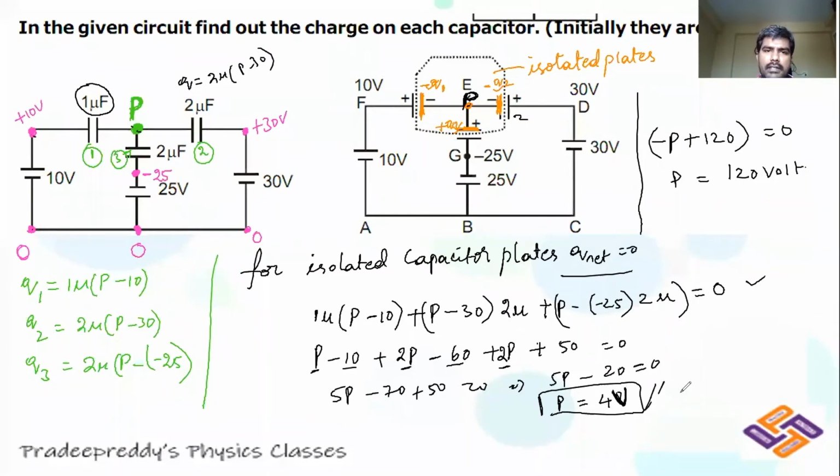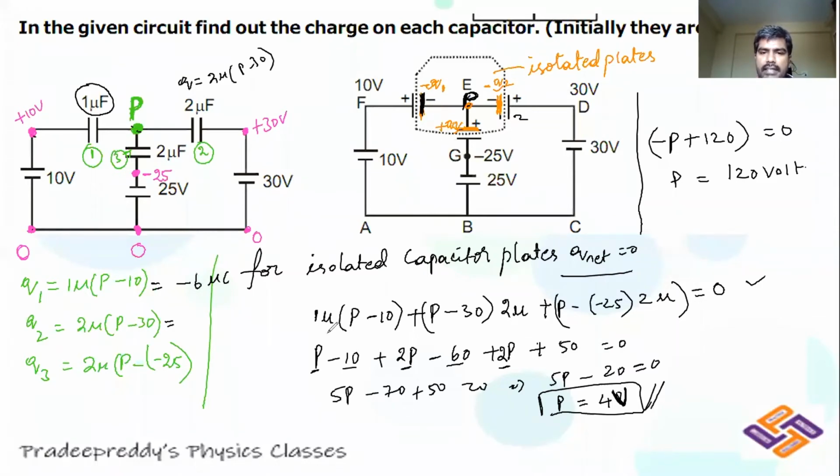We have calculated that. Take this 4 volt and substitute here. This gives you Q1. Q1 is equal to P, 4 minus 10, that is minus 6 microcoulomb, across the first capacitor. See, on the first plate we have got Q1 negative. In the first plate we are taking this as minus Q1, and that minus Q1 as it is we have got here.